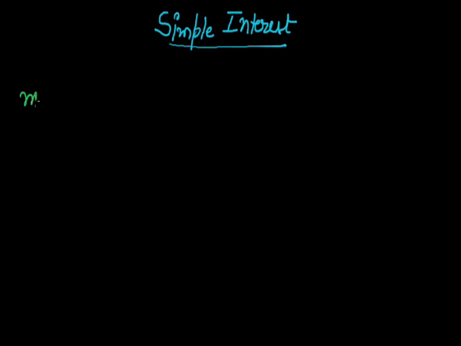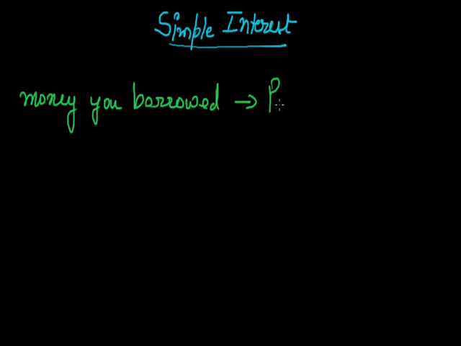Today we are going to start the topic simple interest. Suppose you are in need of money for business, then you borrow some money from a money lender or from the bank. The money you borrowed is known as the principal.